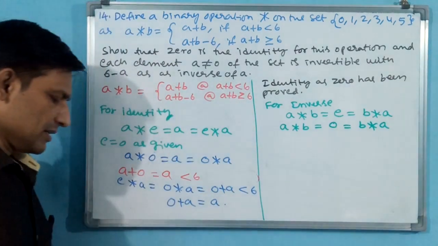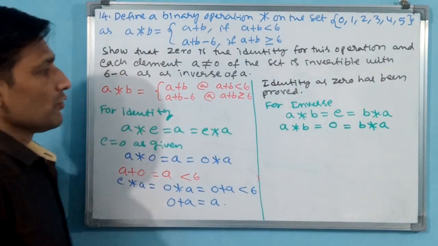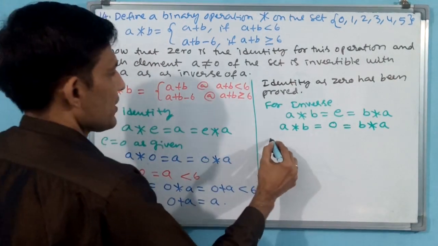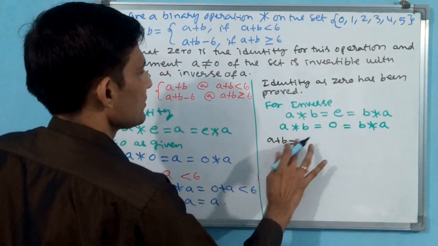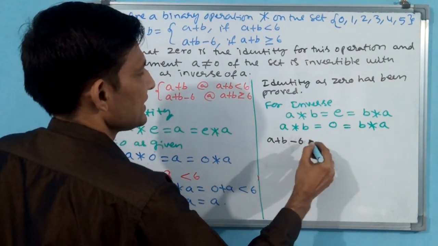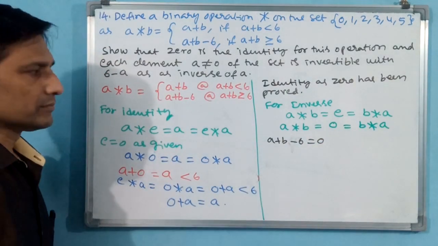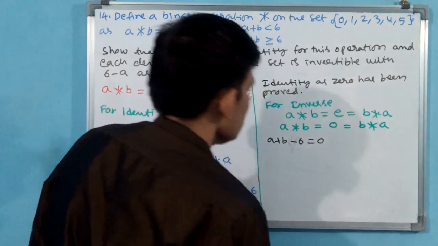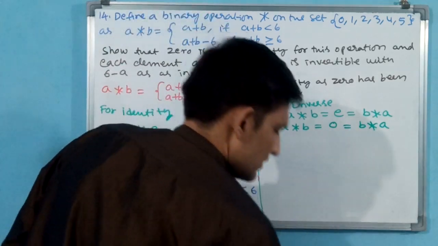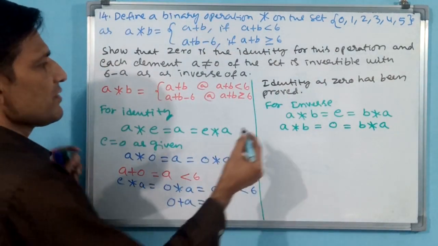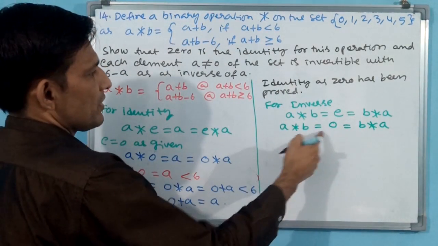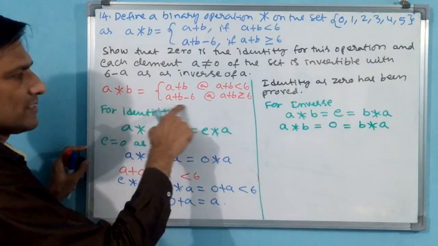Now you take the statement A plus B minus 6 is equal to 0. What I am writing, you see: A star B means now I take this one.